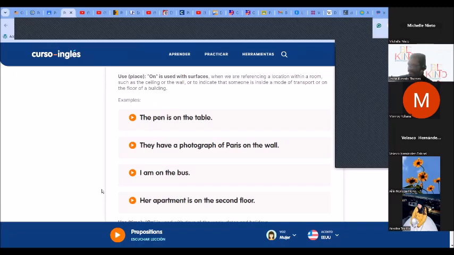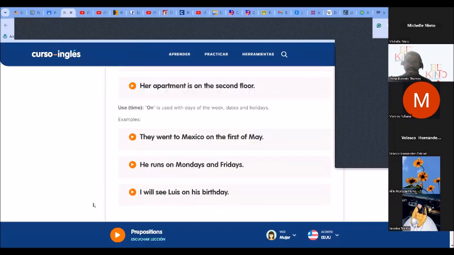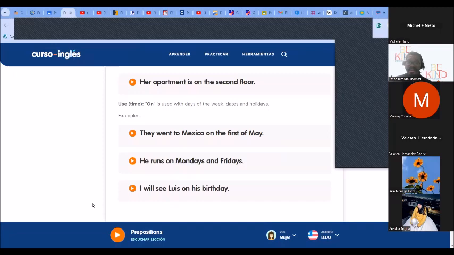Where is the laptop? My laptop is on the table. Perfect. And right now, are we having classes on Fridays or on Saturdays? We have classes on Saturdays. Perfect. So we can use it for expressing time as well.